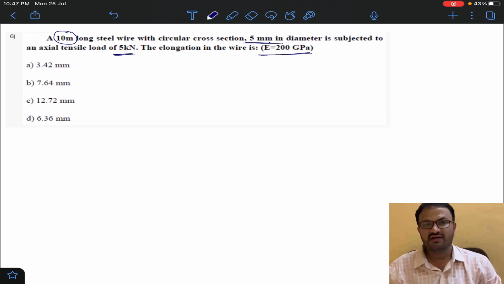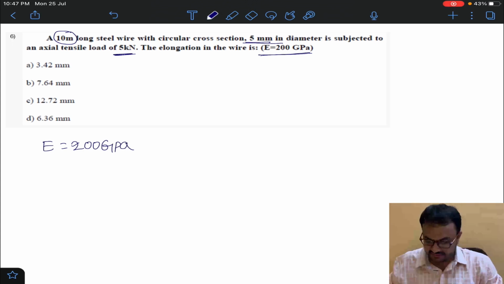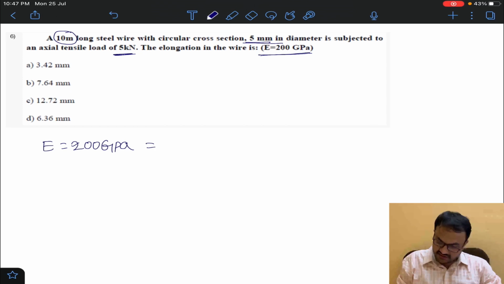First of all, here E is equal to 200 GPa. Clear? 200 GPa means 200 into giga, which is 10 power 3 mega.